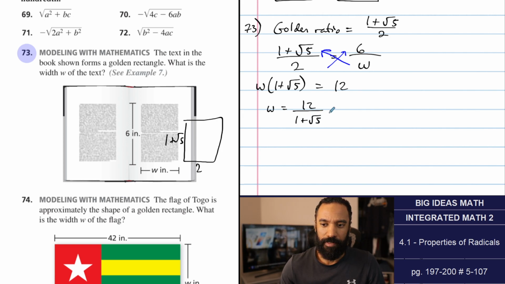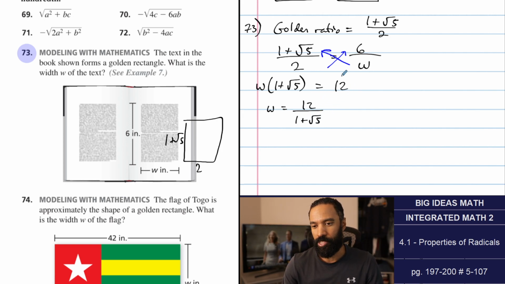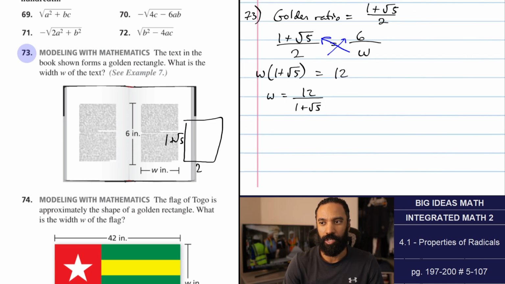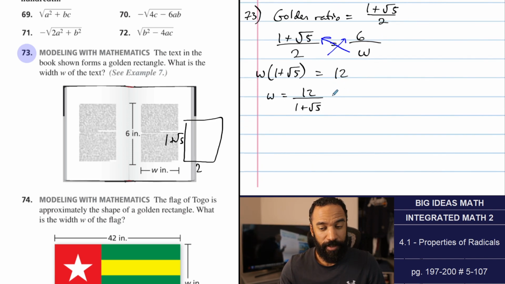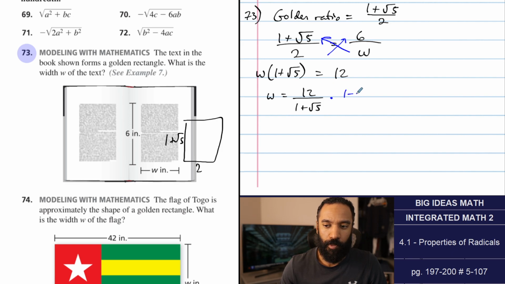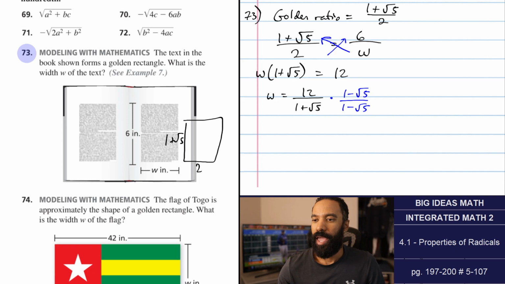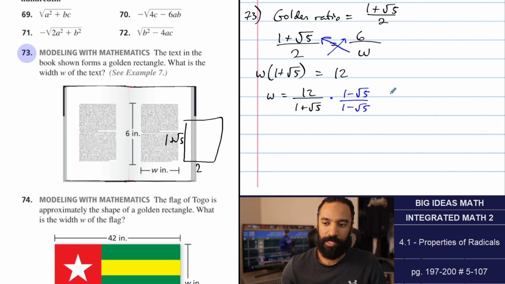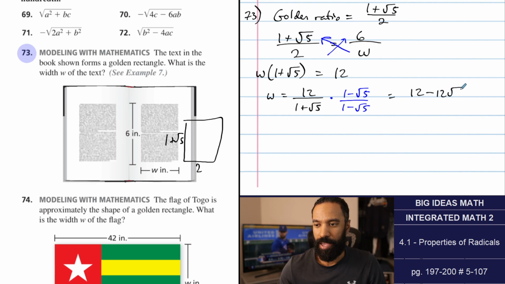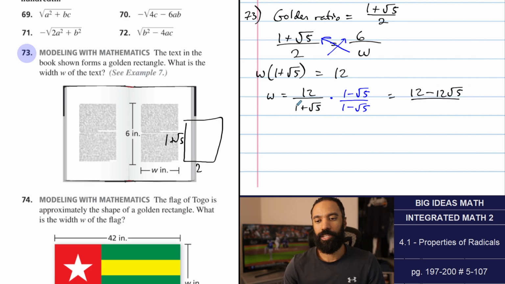Now, they said, what is the width of the text? I'll do the rounding on top of this, but of course, we do need an exact answer simplified. So we're going to multiply top and bottom by 1 minus root 5, the conjugate. And that gets us 12 times 1 is 12 minus 12 root 5 here. And here, 1 squared minus root 5 squared, that's 1 minus 5, which is negative 4.